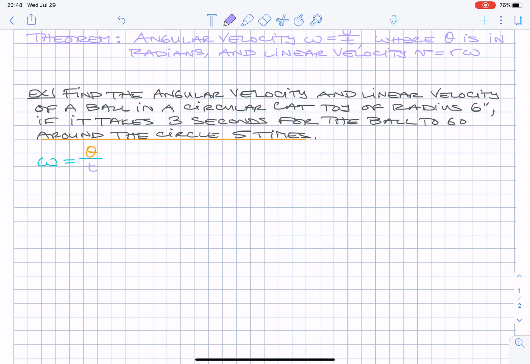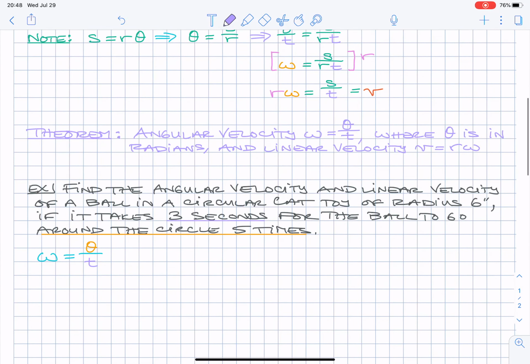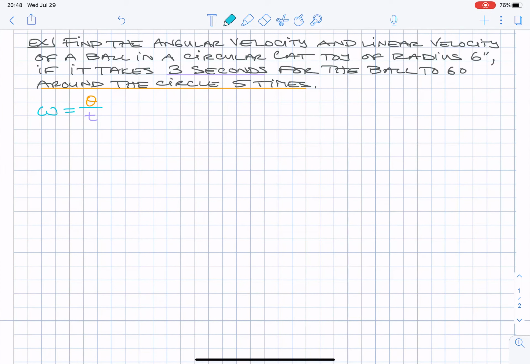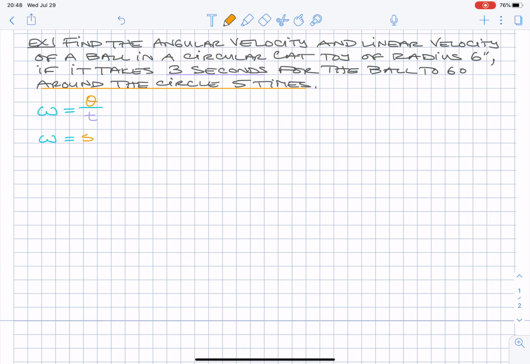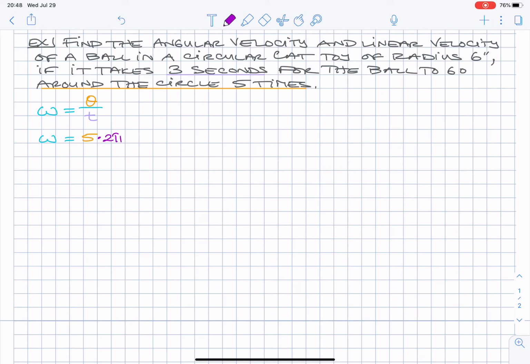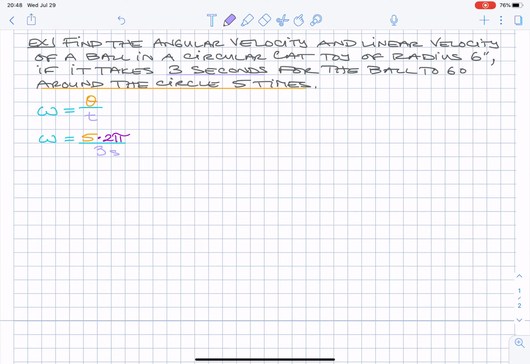T. And do I have T? Yeah, I have 3 seconds, right? So theta over T. Notice I don't have the radius here. Angular velocity is going to be, I go around a circle 5 times. So I claim that this will be 5 times a full revolution. That's 2 pi, right? And I'll state why in a moment. And this is 3 seconds.